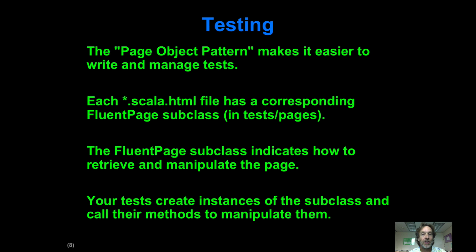That makes your tests much easier, because the tests read very obviously. You retrieve this page, then you do this operation on it, and then you should be at this other page. So it's pretty nice, and it makes your tests a lot more reusable as well.